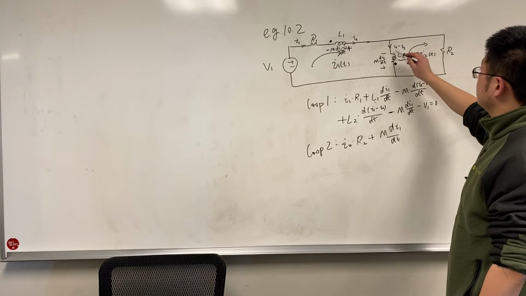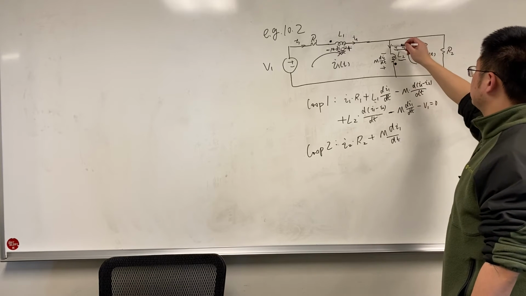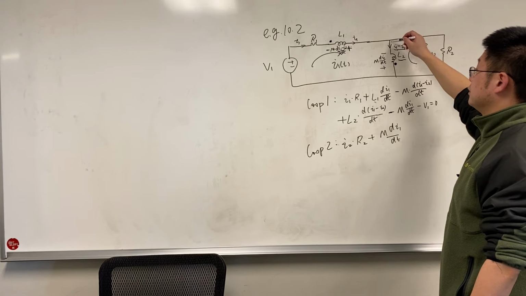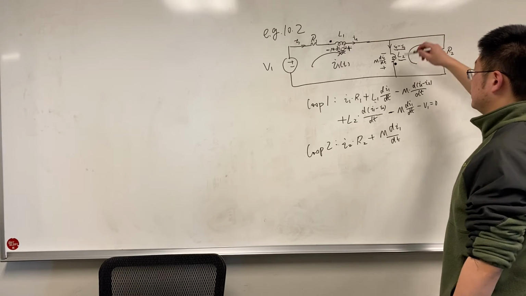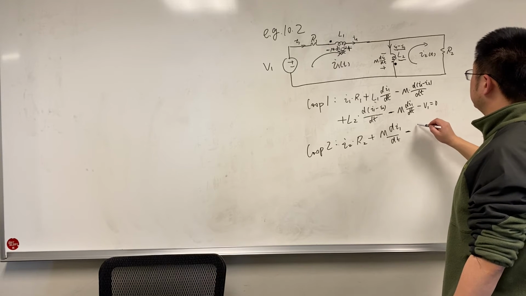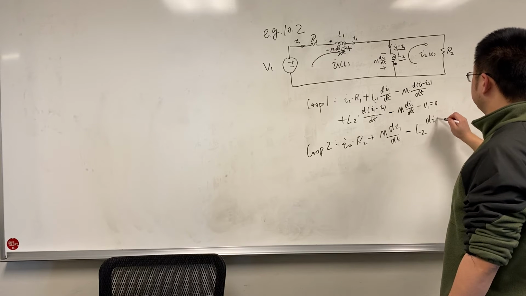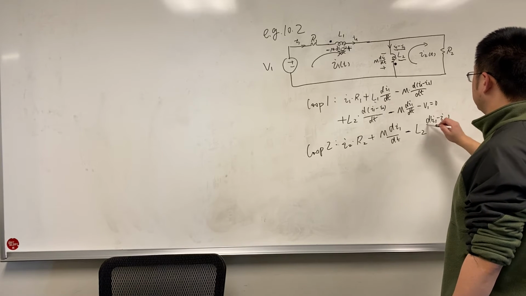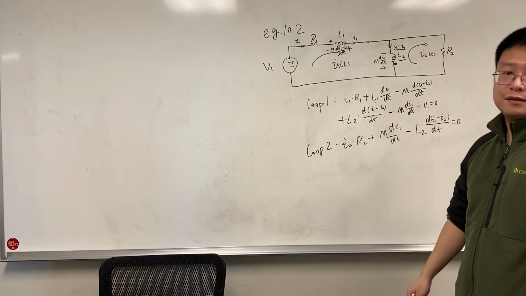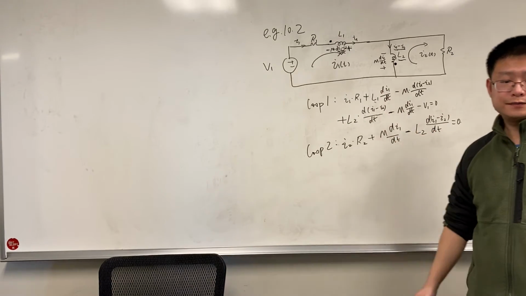And also we have the self-inductance, but the direction of the current is opposite to the selected reference direction. So this is minus L2 d(I1 minus I2)/dt equals 0. So that's the loop equation for the two loops.